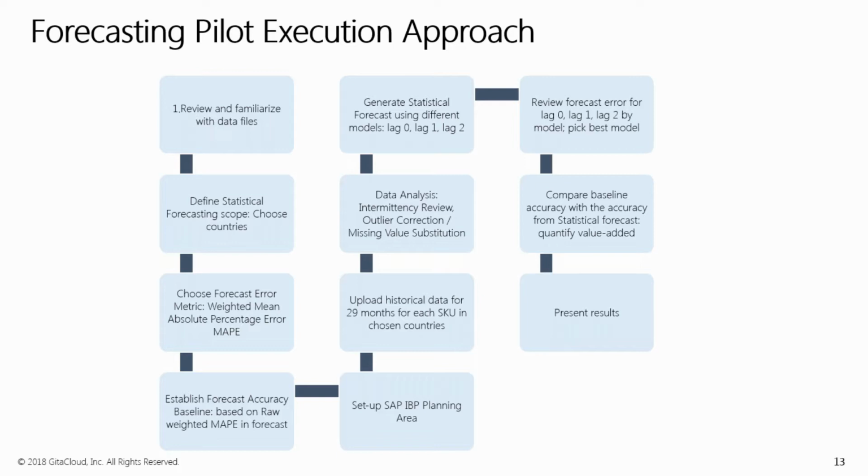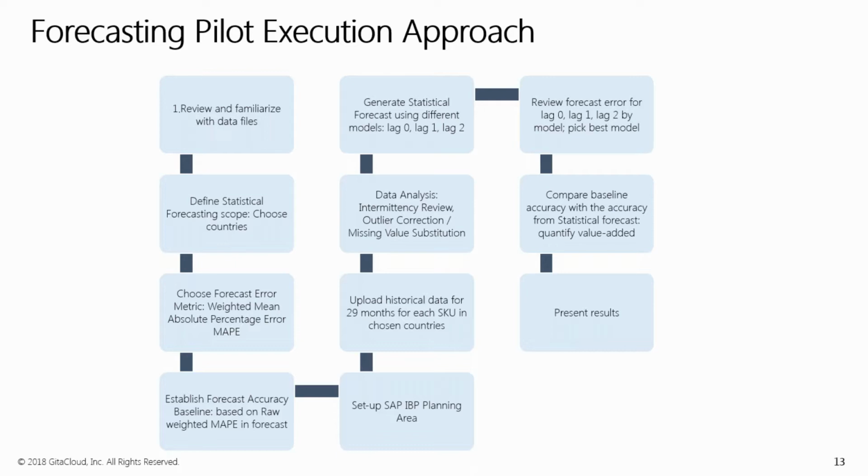The flowchart that you see here shows an overview of the different steps that we did in the process of coming up with a forecast analysis, which consists of two parts.